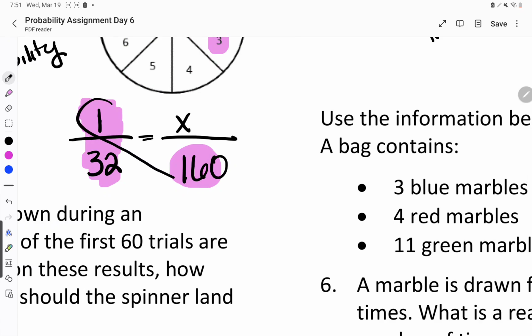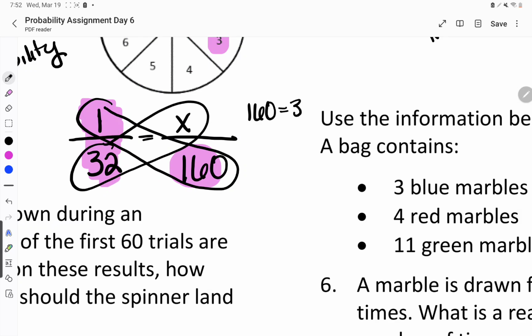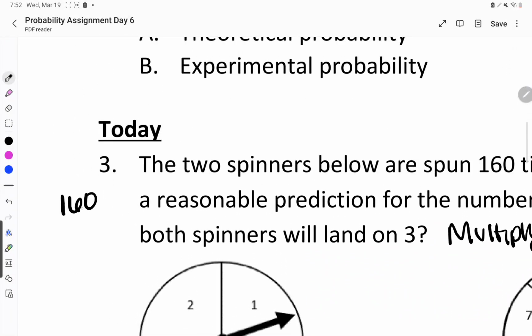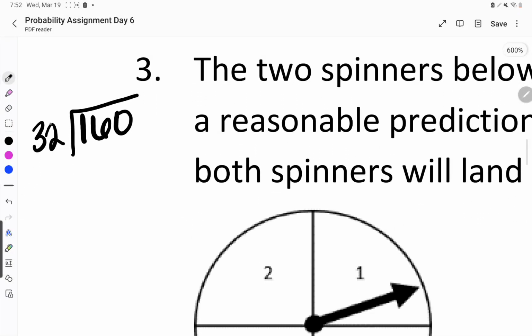We cross multiply. So we have 1 times 160 equals 160 equals 32 times x, so that gives me 32x. I'll divide both sides by 32, and I'll do 160 divided by 32 off to the side over here. I'm going to estimate. 32 doesn't go into 1, it doesn't go into 16.